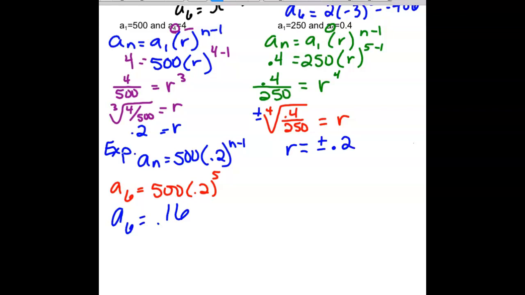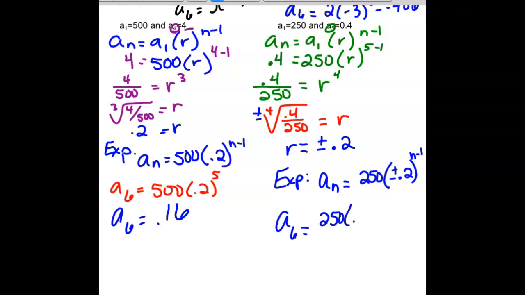All right. We want to write our explicit formula. So a sub n equals our first term, 250, and we could do positive or negative 0.2 to the n minus 1 power. We want to find the 6th term, so 250 times plus or minus 0.2 to the 6 minus 1, or 5th power.